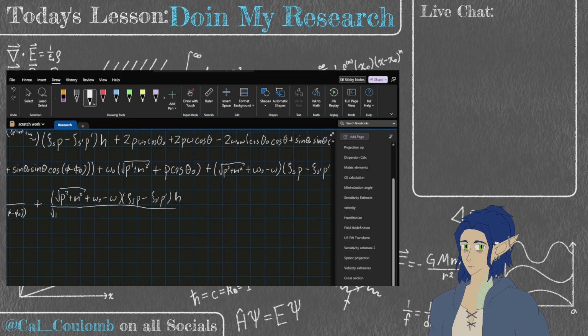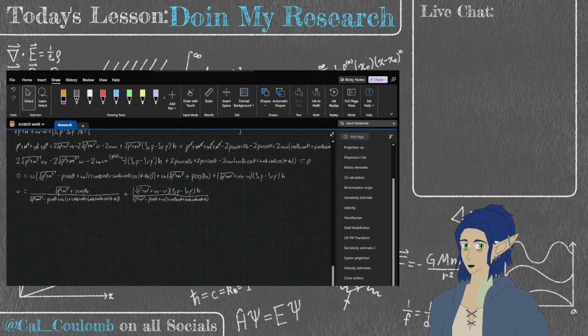So we have the square root of p squared plus m squared minus p cosine theta plus omega naught times 1 plus cosine theta naught cosine theta plus sine theta naught sine theta cosine phi minus phi naught.